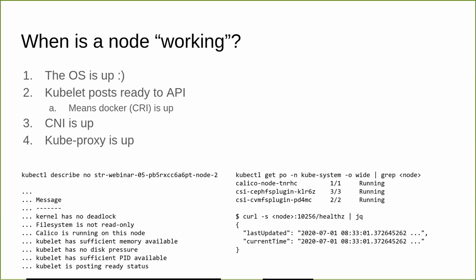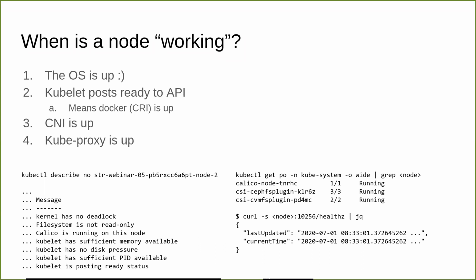But by default, you get what I have in the bottom left: that the kernel is fine, the file system is okay. For networking in this cluster, we have Calico, and it runs fine in the node. And the node doesn't have pressure in memory, PIDs, and so on.